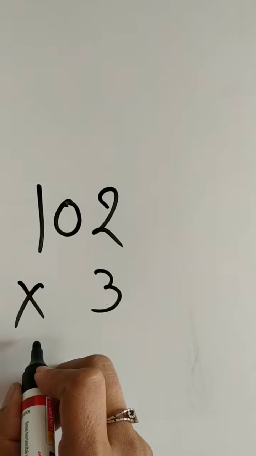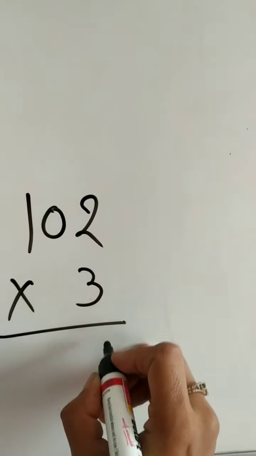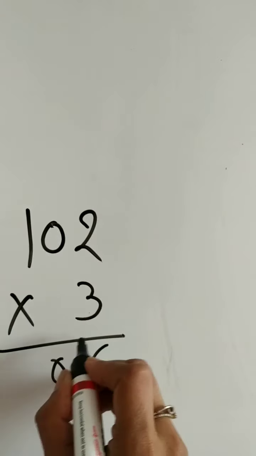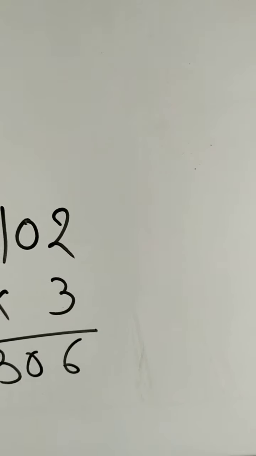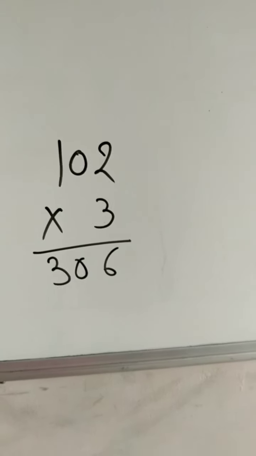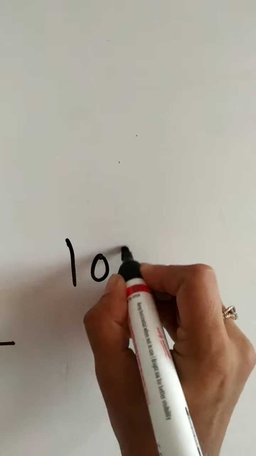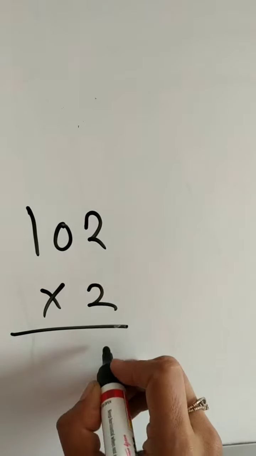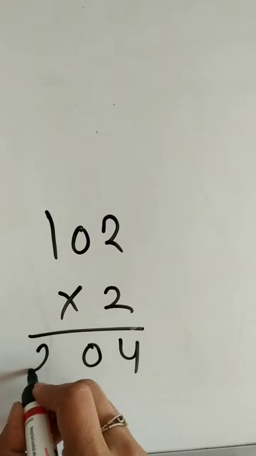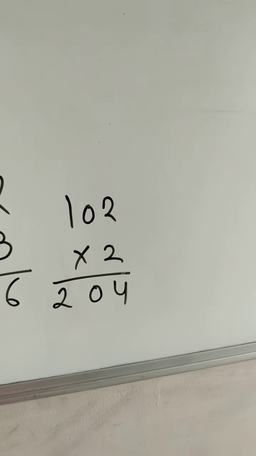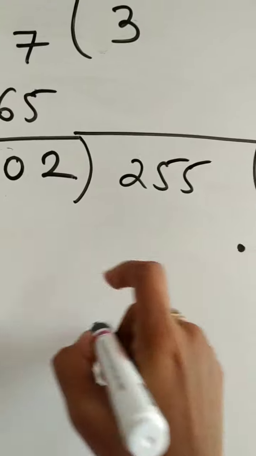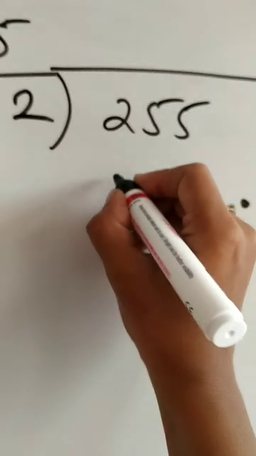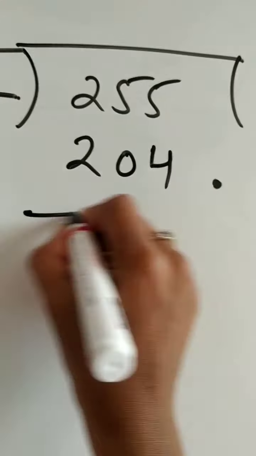So here we begin with 3s: 3 2s are 6 and 3 1s are 3. Then we check with 2: 2 2s are 4 and 2 1s are 2. Here we got 204, so we will multiply this 102 with 2.